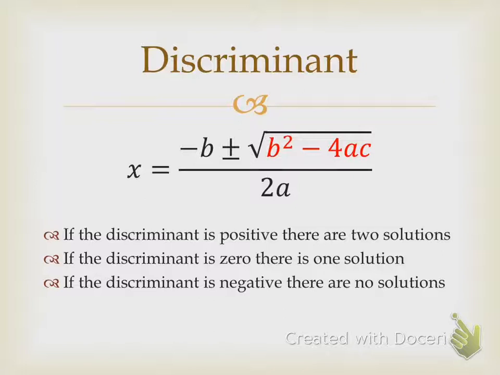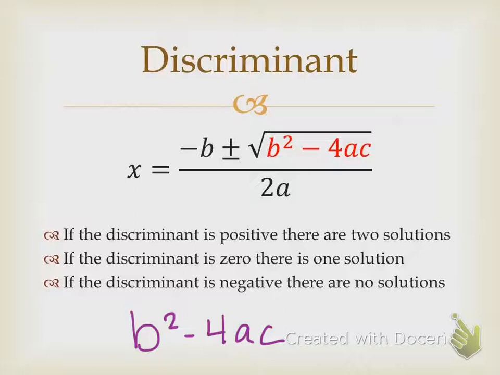I'm just showing you where it is. Your discriminant is b squared minus 4ac only. So this is your discriminant right here. It does not include the square root sign or the radical. It is just b squared minus 4ac.